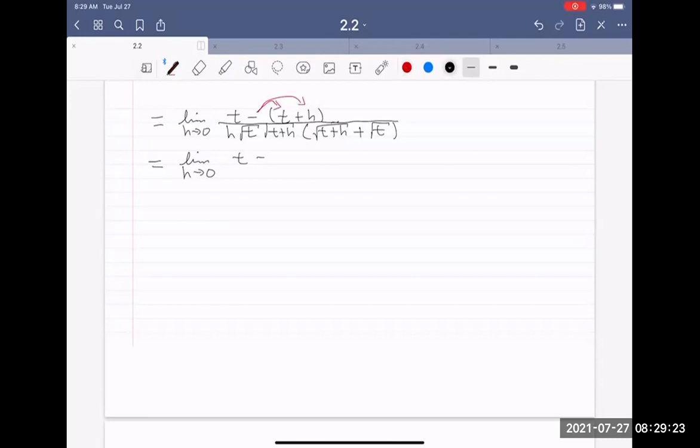So minus t minus h, divided by, well, the same thing, that huge denominator, h radical t plus h times the quantity radical t plus h plus radical t.